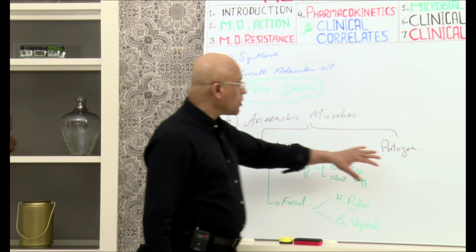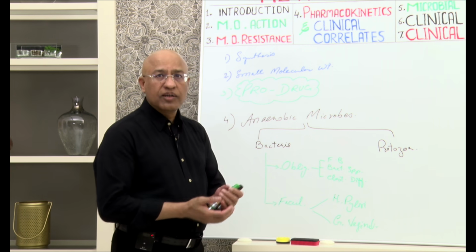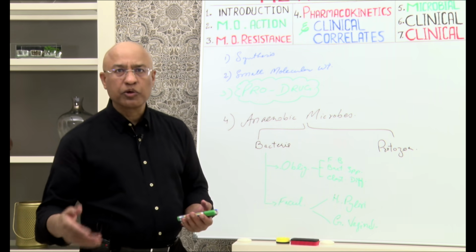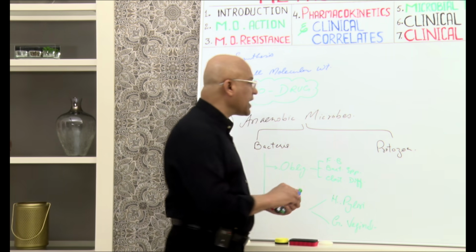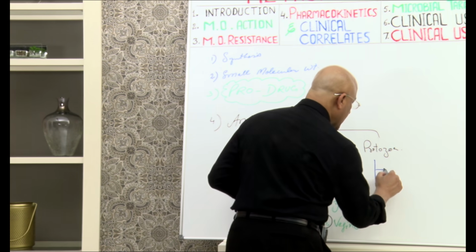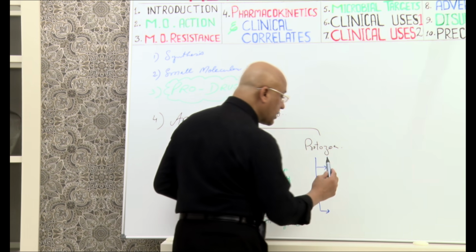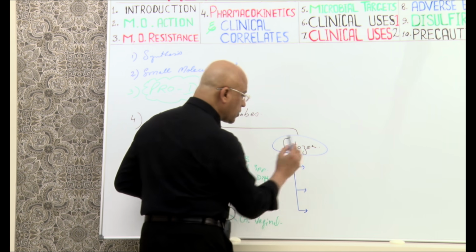Then if we go to the protozoa, yes, some protozoa which also have similar anaerobic pathway to produce the energy, they can also activate this drug and then they suffer, right? Especially notable protozoa, which I should mention.